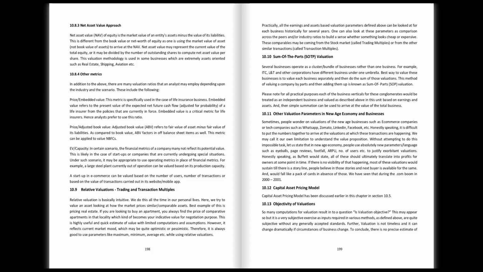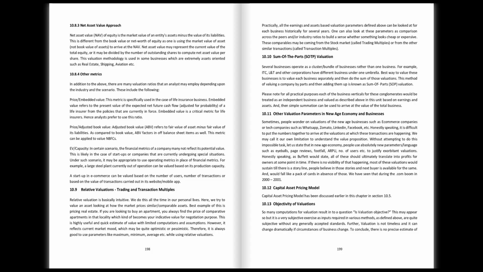One can also look at these parameters as comparison across the peers and/or industry ratios to build a sense whether something looks cheap or expensive. These comparables may be coming from the stock market, called trading multiples, or from other similar transactions, called transaction multiples.